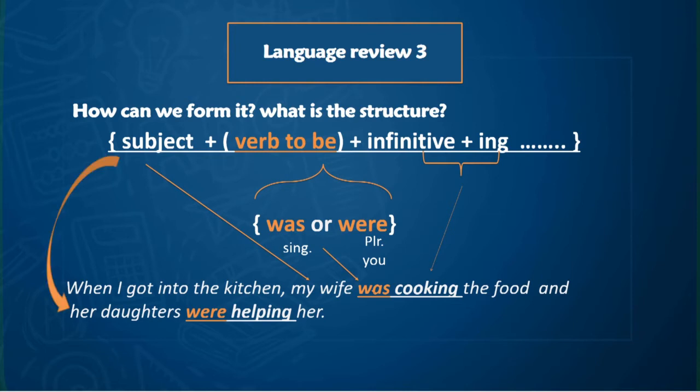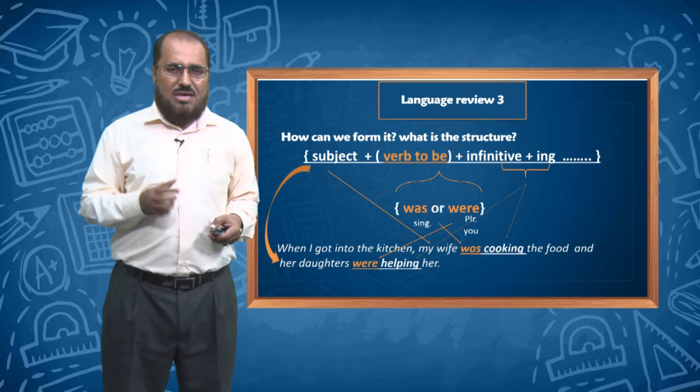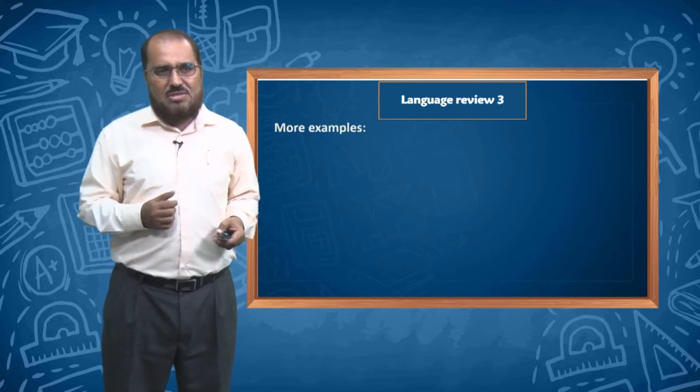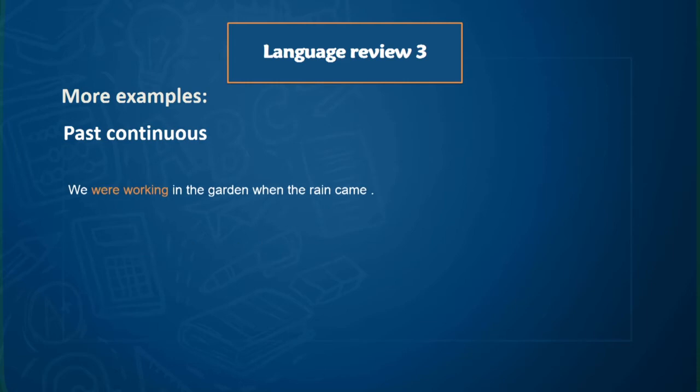Where's the subject here? Her daughters, the subject of the additional information. Okay, verb to be: were, then the verb with ing: help, then ing, helping, her, the complement.